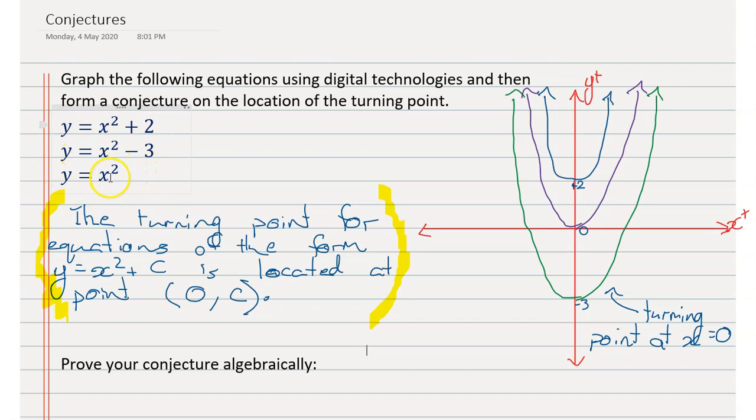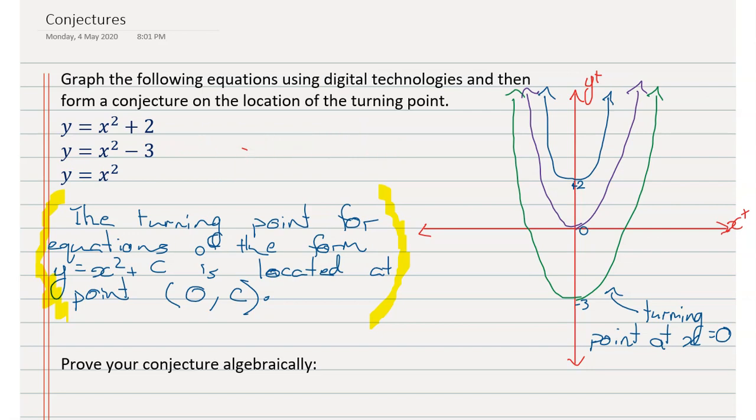But if we had something like y equals (x minus h) squared plus k, then this conjecture definitely isn't going to work, because it doesn't cover this form. If there's another constant or another term inside with the x, it definitely won't work.